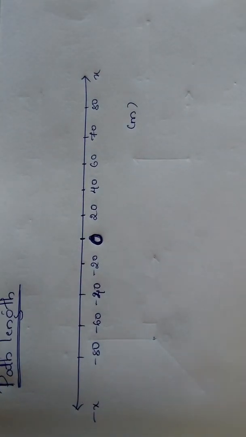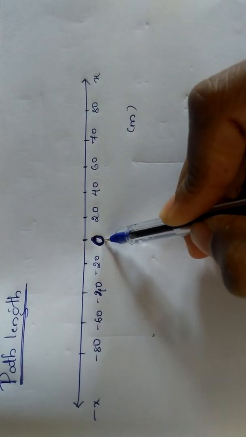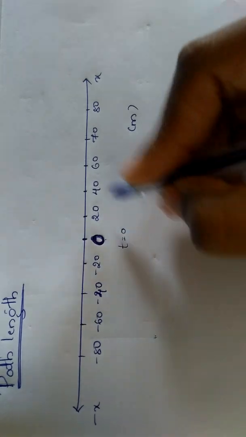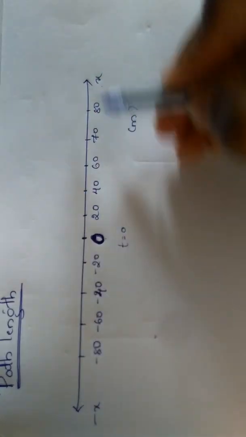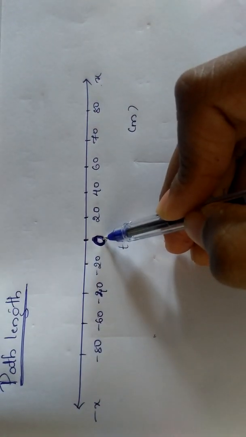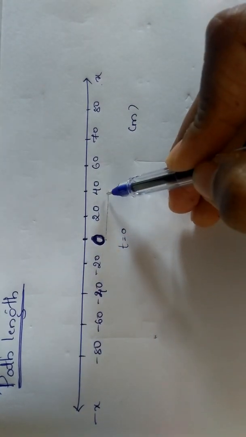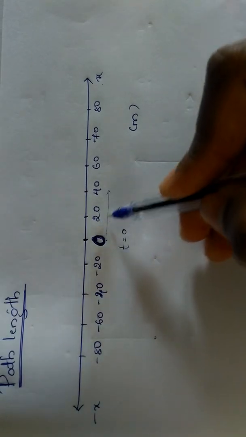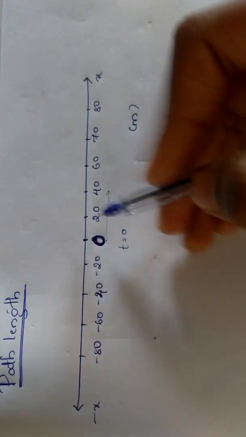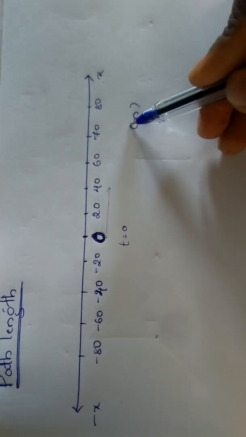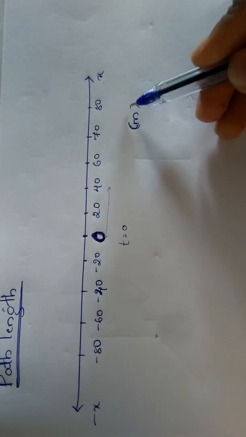Say for example, the distance covered by a particle at time t equals 0 is 0, because the value of x at origin is 0. So if the particle moves forward, it covers some distance. That distance is given here. So here the scale measures the distance in the unit of meter.